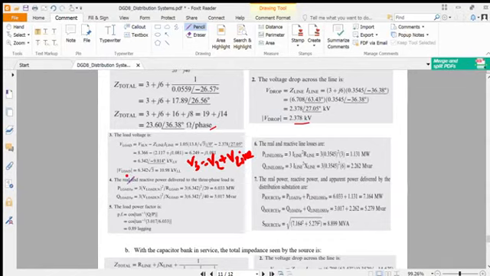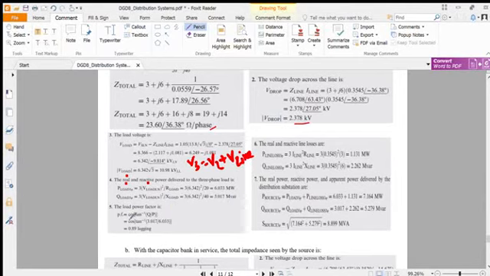And the fourth one, we have to find the real power and reactive power. So P equals 3 V squared divided by R for three phase, we already know the value. Reactive power is 3 V squared divided by the reactive part for the inductive parameter, in megavar, and real power in megawatt.